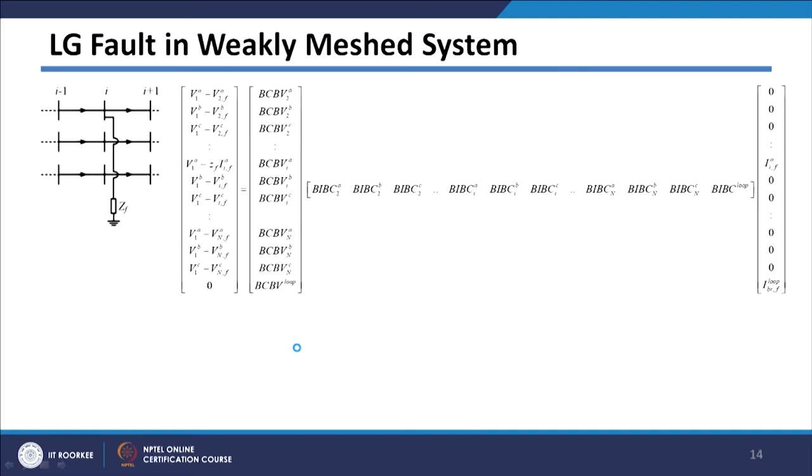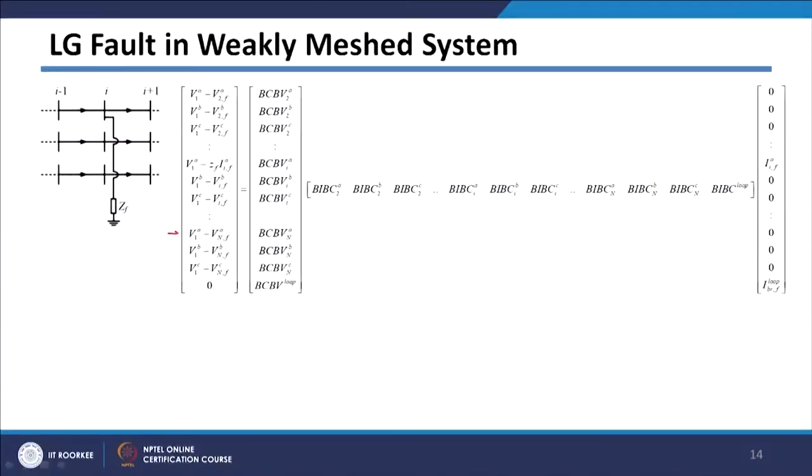Now let us see how we can get post fault voltages in this case. To calculate post fault voltage of, say, the nth bus, I can take the expression of this row.